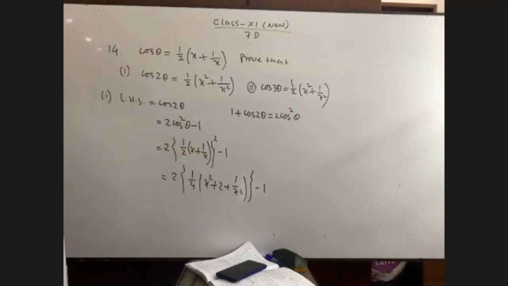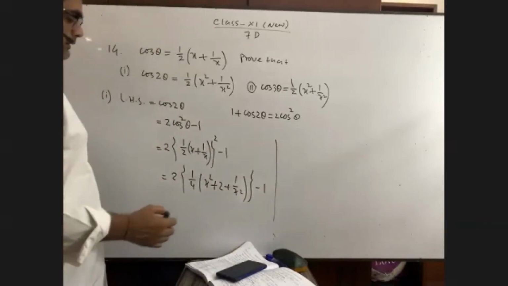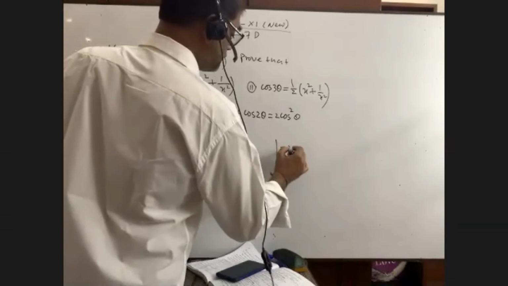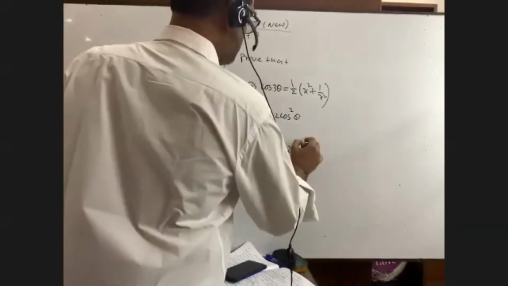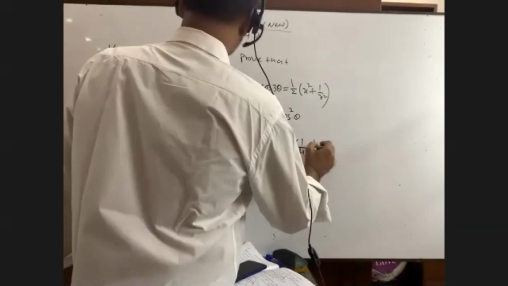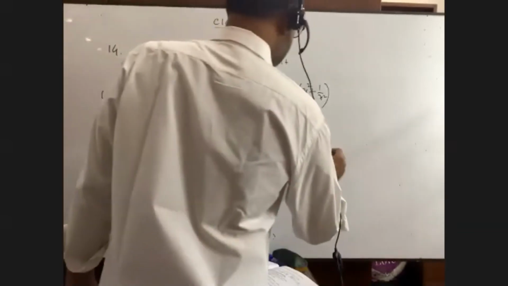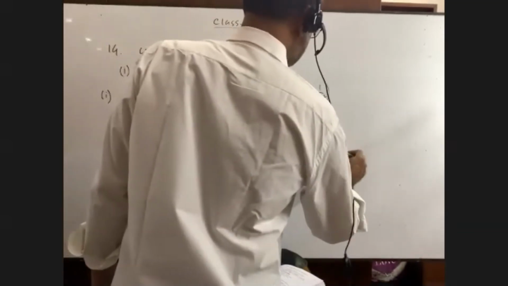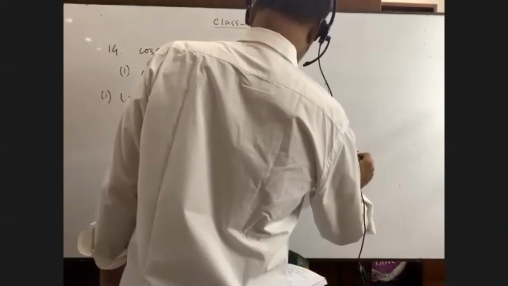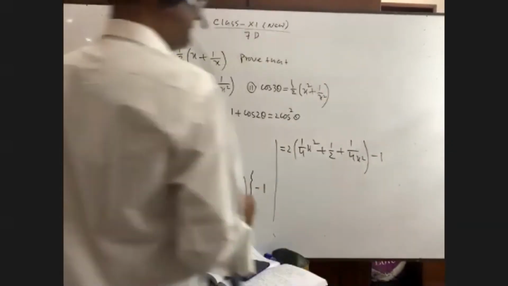Yes, sir. Now you do it by yourselves. What can be written? Equals to 2 first bracket 1 by 4x square plus half plus 1 by 4x square minus 1, right?